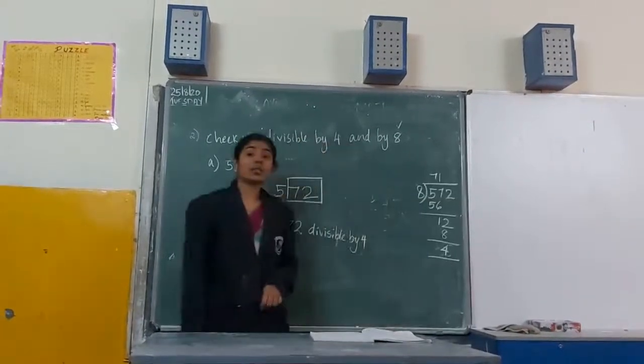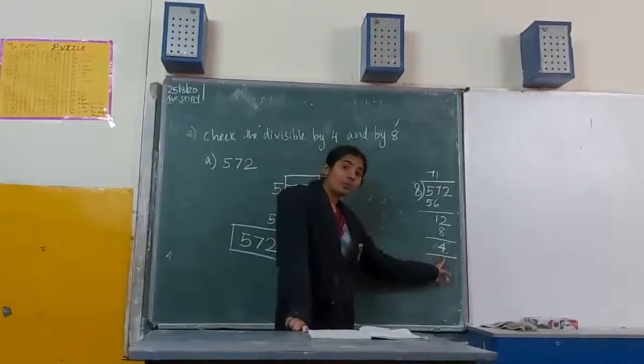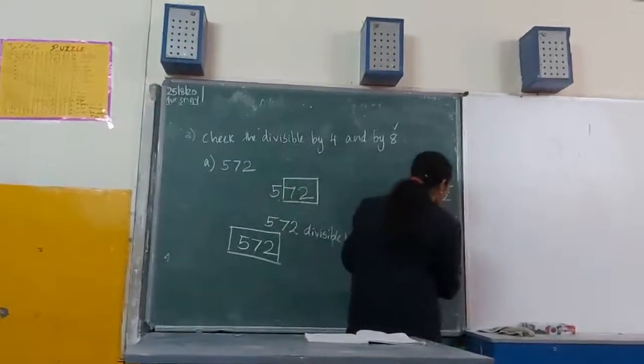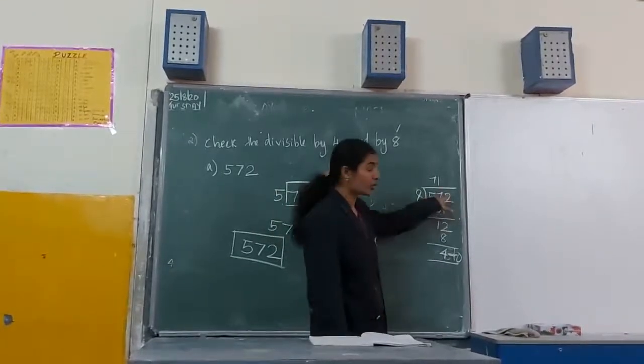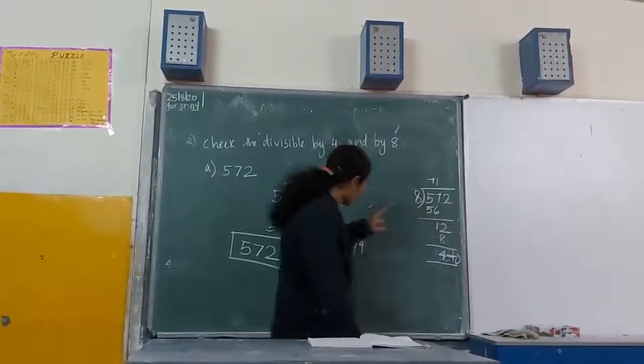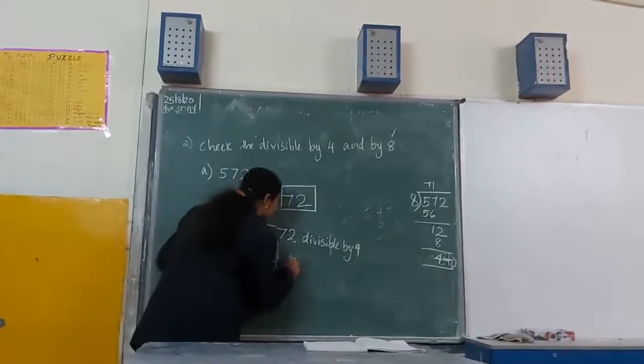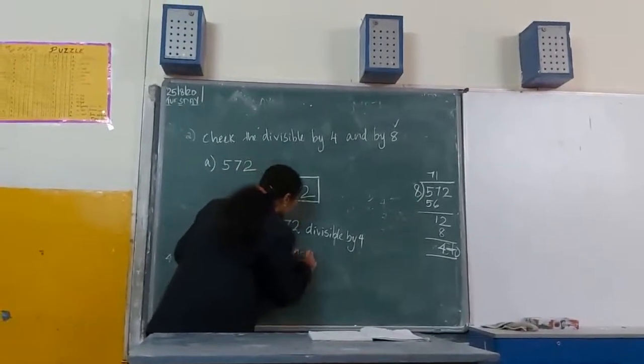You will get the remainder 4. That means the remainder is not 0. So we can say 572 is not divisible by 8.